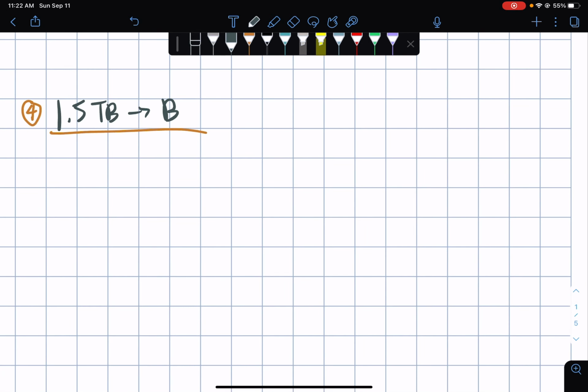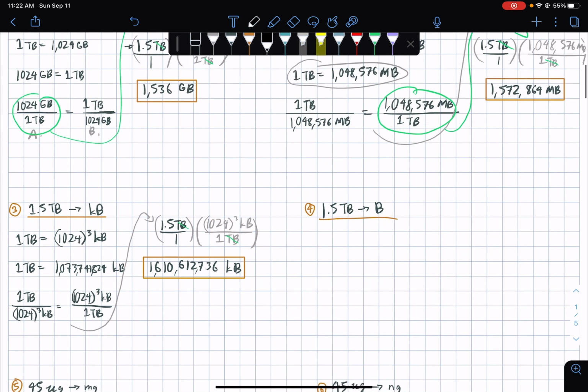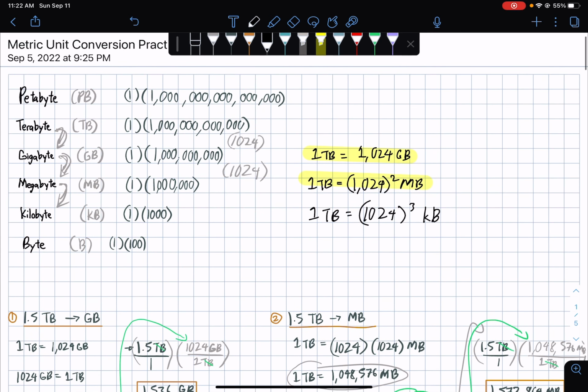Okay, for number 4. So 1.5 terabytes to bytes. From terabyte, 1, 2, 3, 4. So therefore, 1 TB is equal to 1024 raised to 4 bytes.